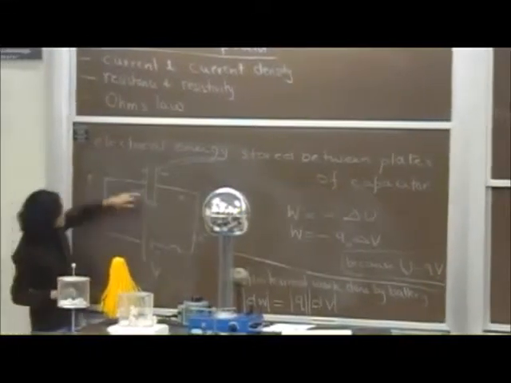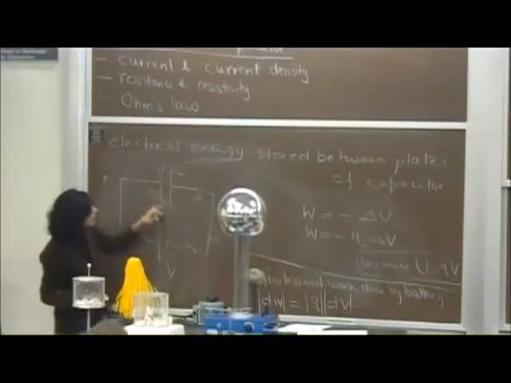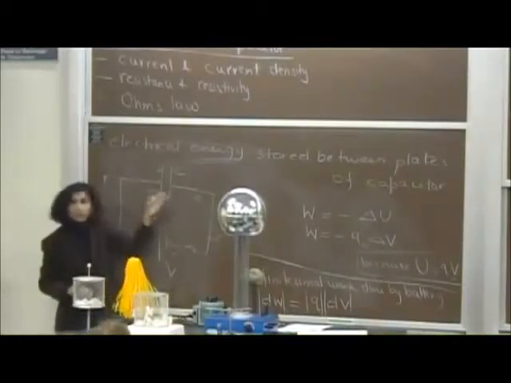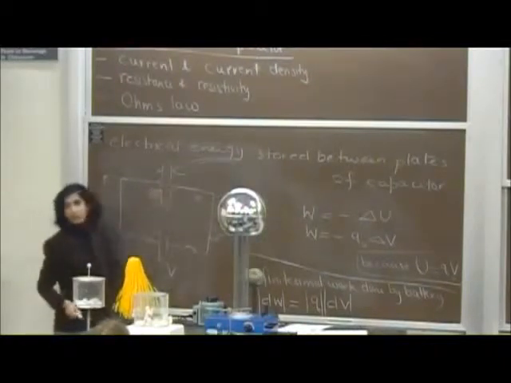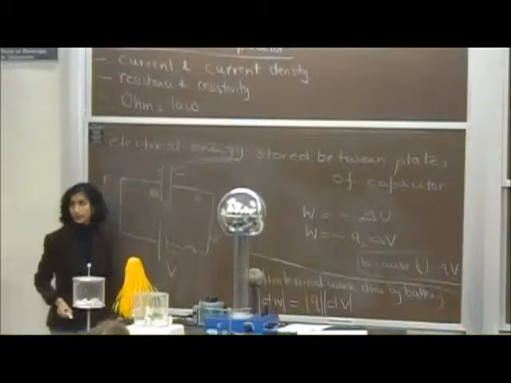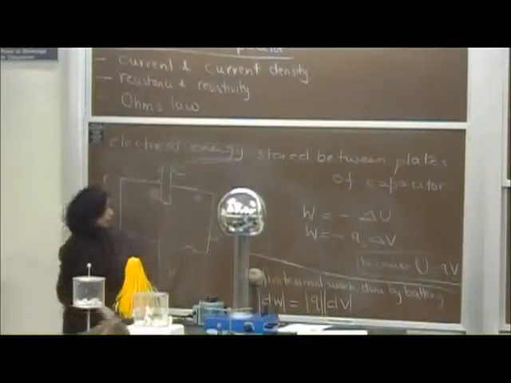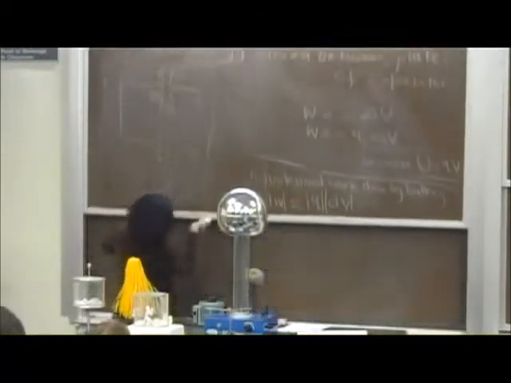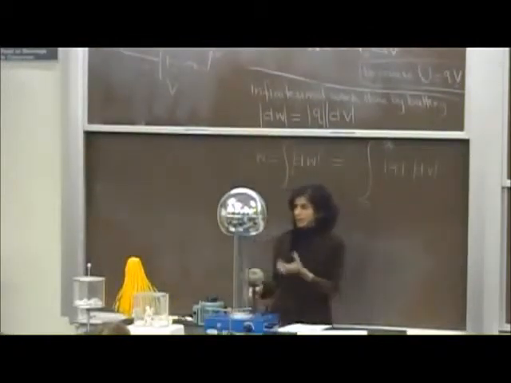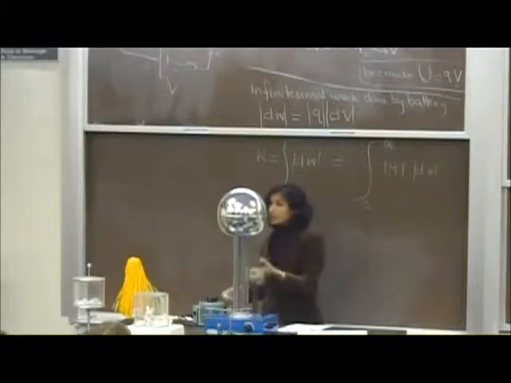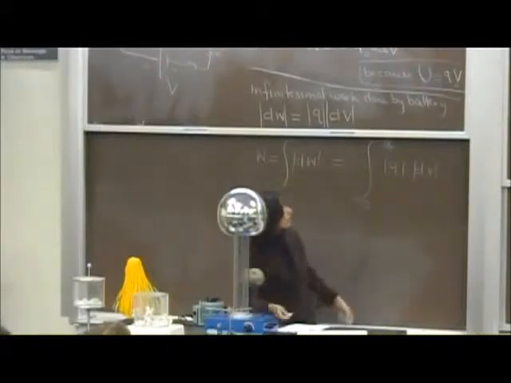And as you keep pushing more and more, the potential difference is going to increase because more and more charges are being dumped. And there'll be a point when you have total charge Q here and minus Q here. The question is, how much is the work done in causing a total potential difference V across the plates of a capacitor?